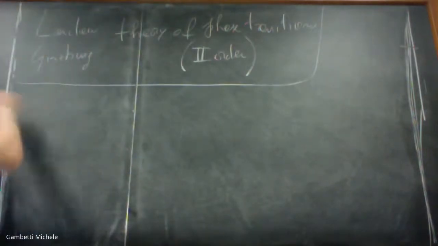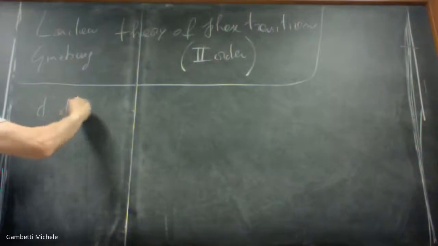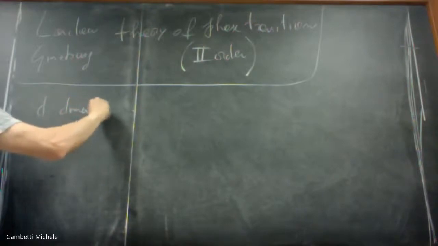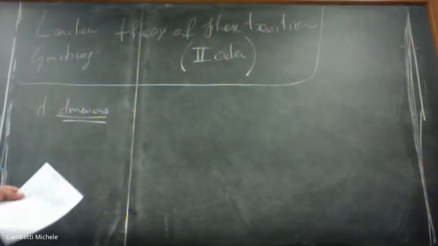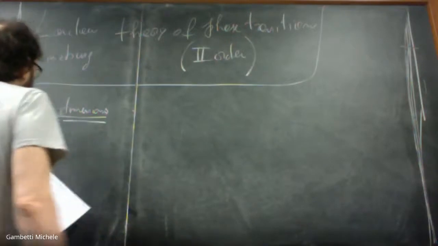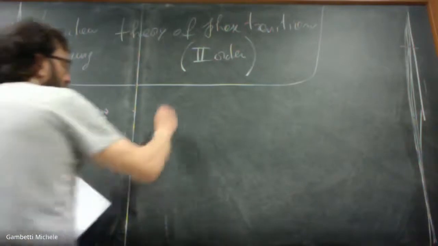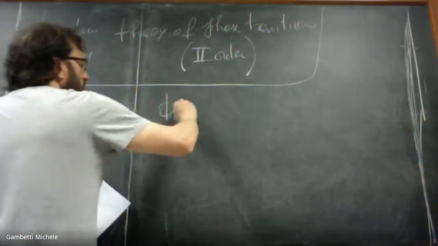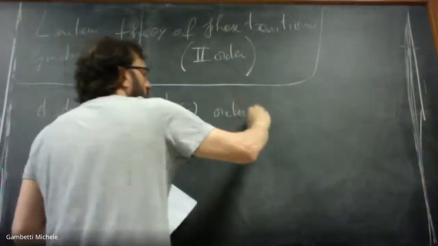We are in d dimensions, first of all. d could be 2, 3, 1, it could even be fractional in principle. We introduce phi as a function of x, which is the order parameter.